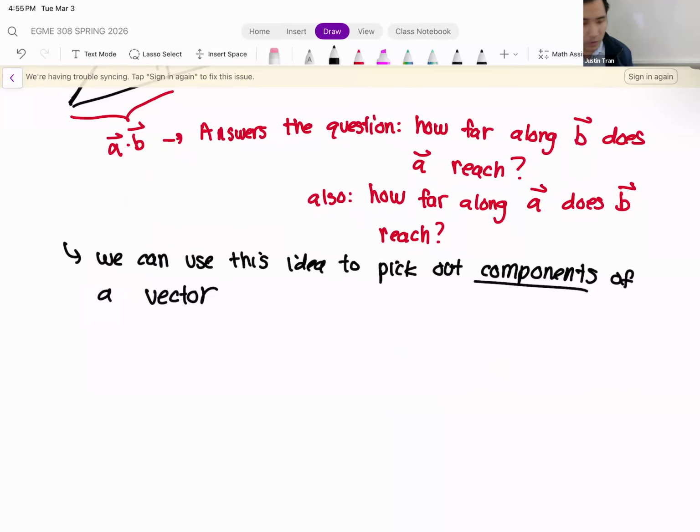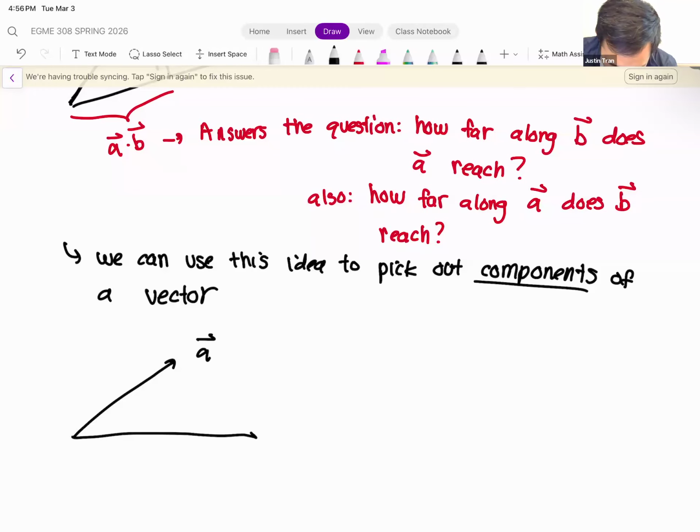Let me give you a very simple example. Let's say that we have some vector A, and we want to project A onto the x-axis.